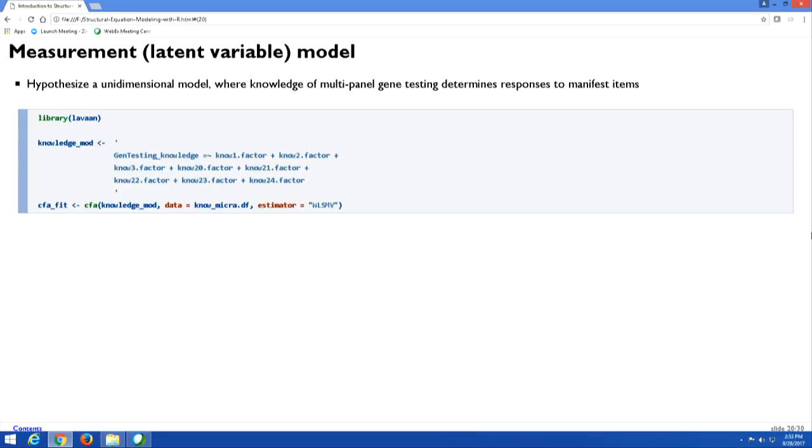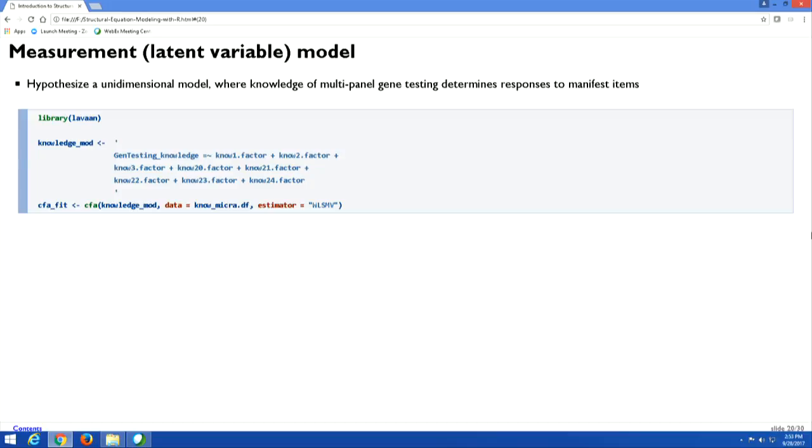So the hypothesis here is that we have a unidimensional knowledge construct for multi-panel gene testing, and that somebody's level of knowledge in this area determines the responses we see to the quiz we gave them.